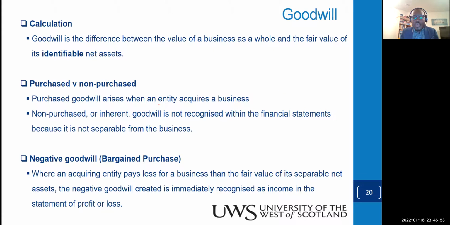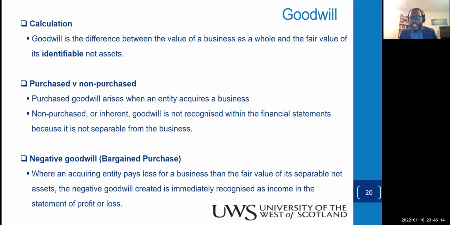Now, goodwill, we know what it is. It is an intangible. But remember, it cannot be separated from the company. Usually, goodwill arises when we have paid an amount for a company and the amount exceeds the fair value of identifiable net assets.